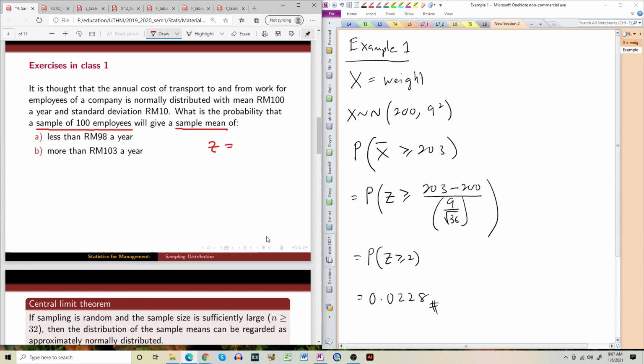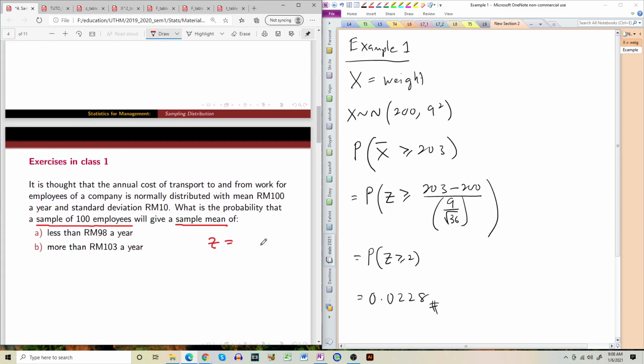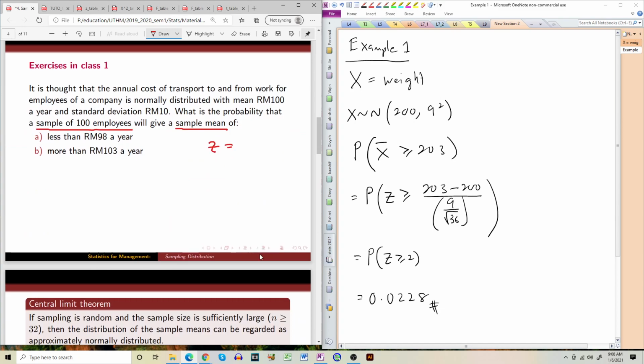So the formula is, you have to use this formula.